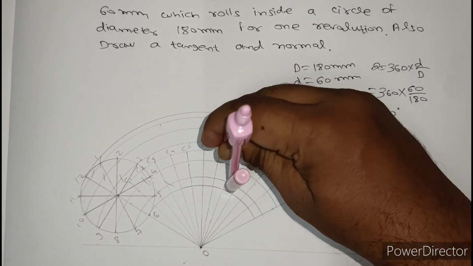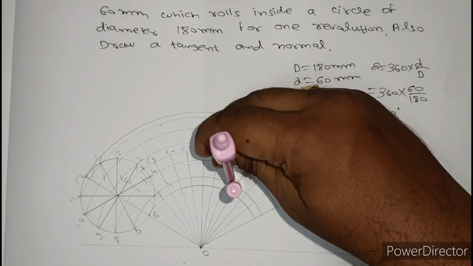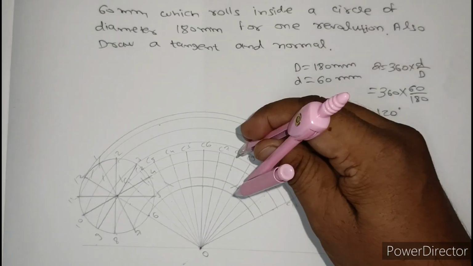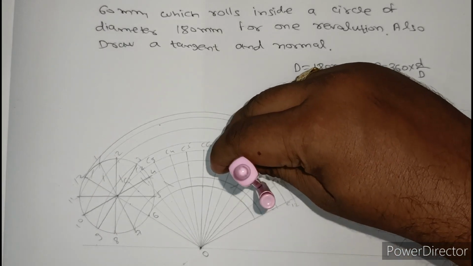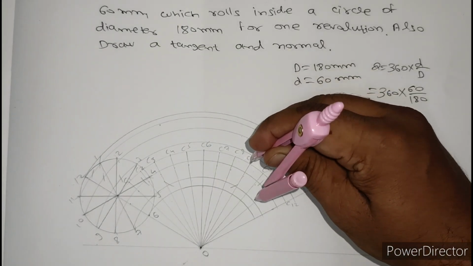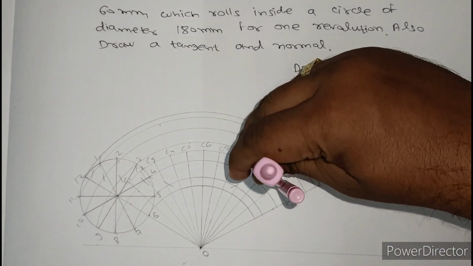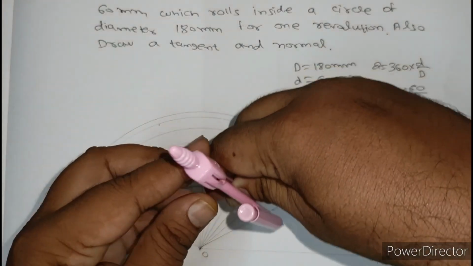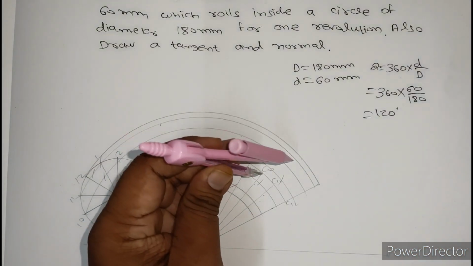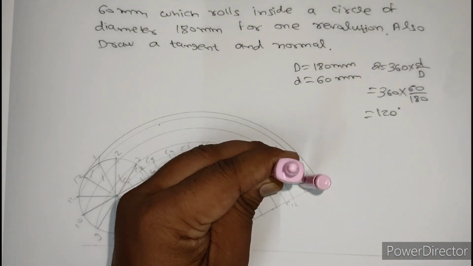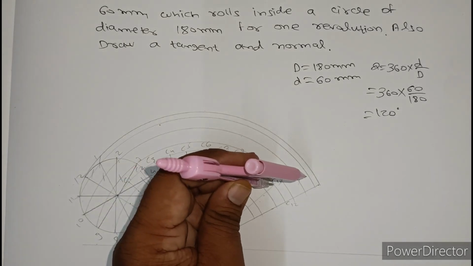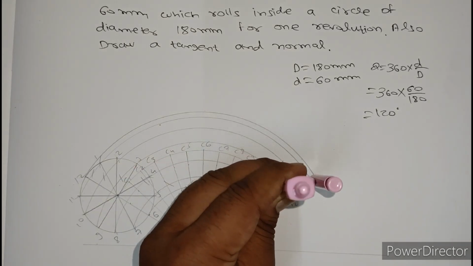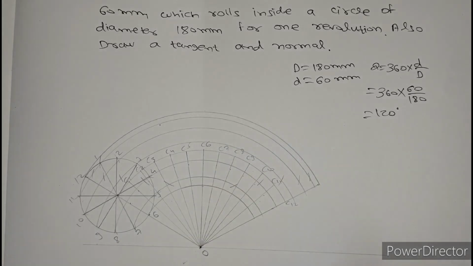C7 is a center and you mark 7 and 5 arc. C8 is a center and you mark 4 and 8. C9 is a center, mark 9 and 3. Then C10 is a center, mark 10 and 2. C11 is a center and you mark 11 and 1. I hope all of you are clear on this.